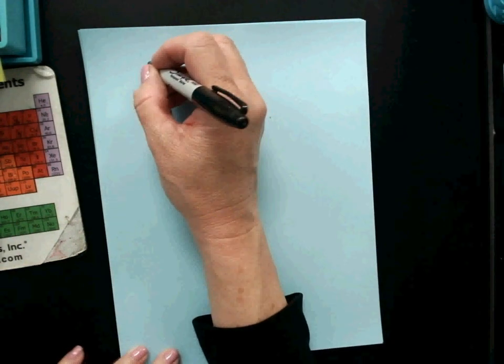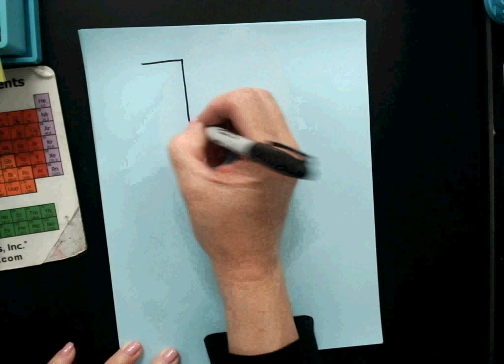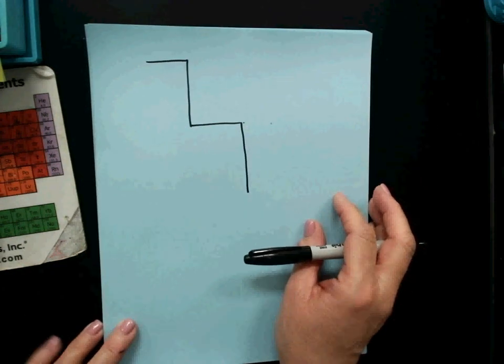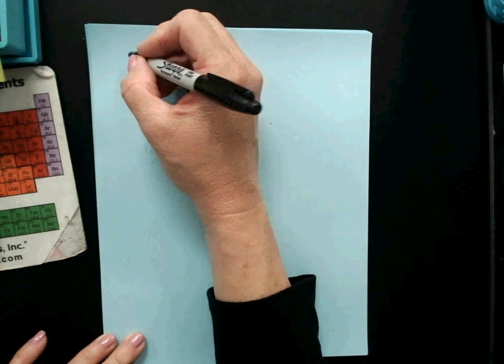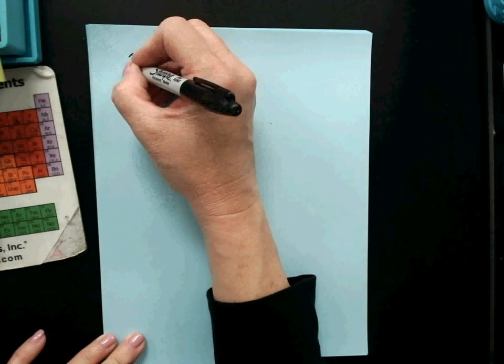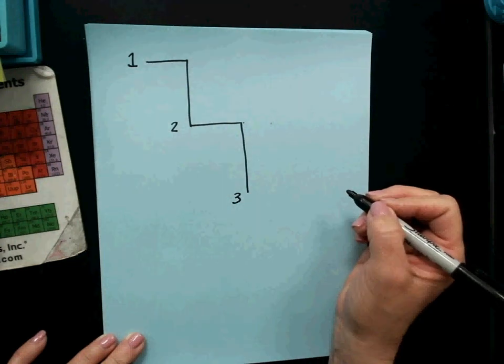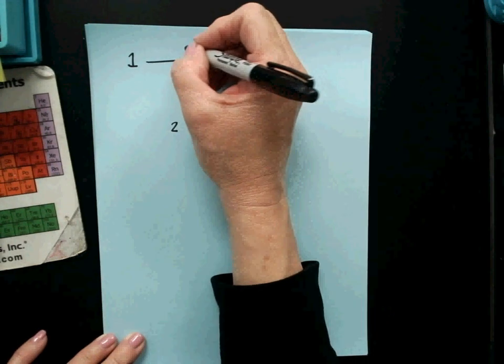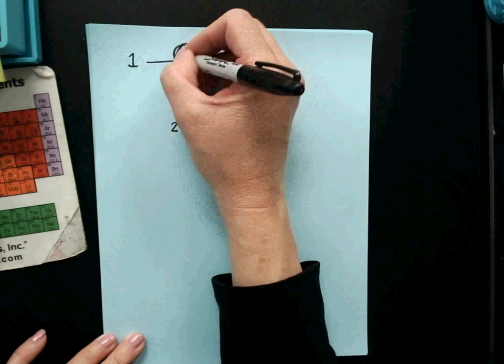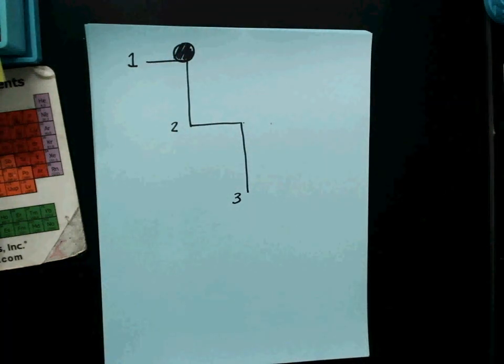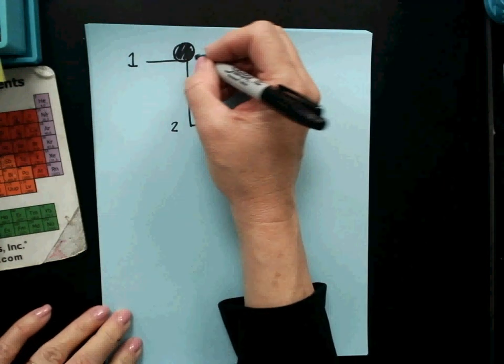Does that make sense? So we can label those kind of things, like maybe we should put that drawing in there so you've got it for later. So this would be, we'll make that point 1, point 2, point 3. Let's say I have a ball on the edge of the top cabinet.